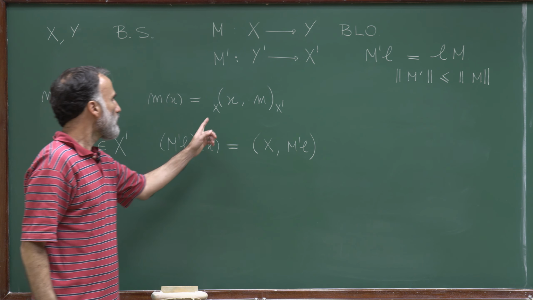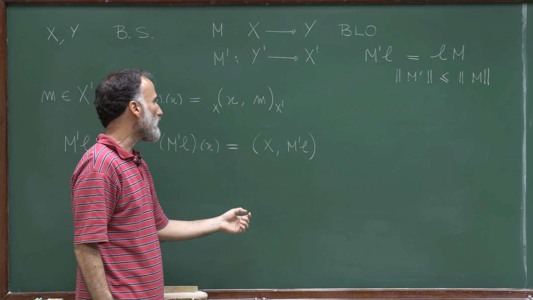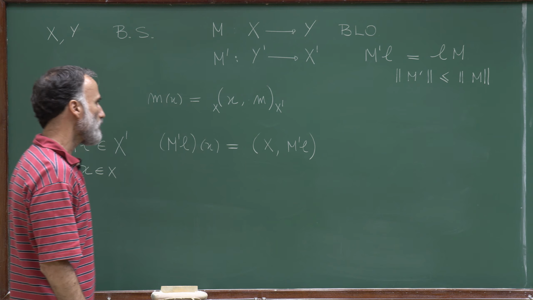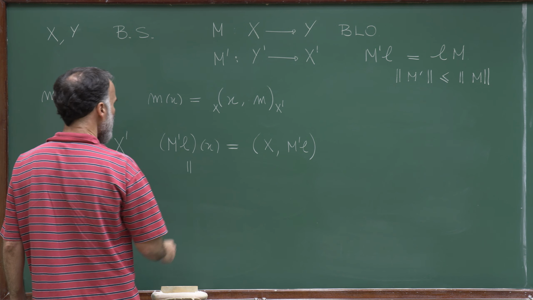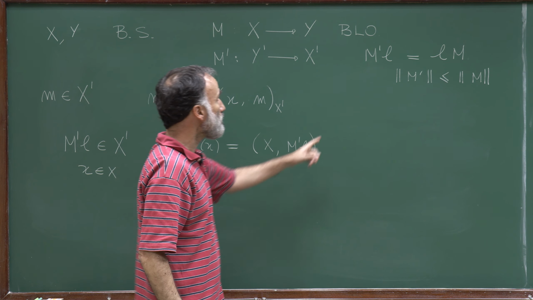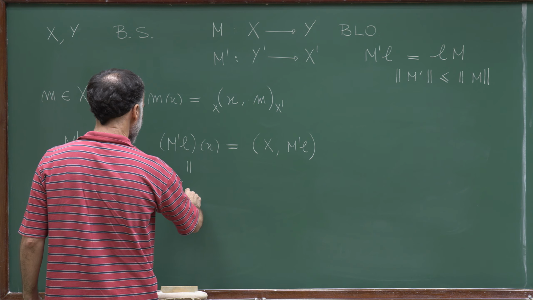So I'll never write x and X prime. The notation is clear. The context will make clear to which space these objects belong. Now, by definition, M prime L of x is L of Mx.